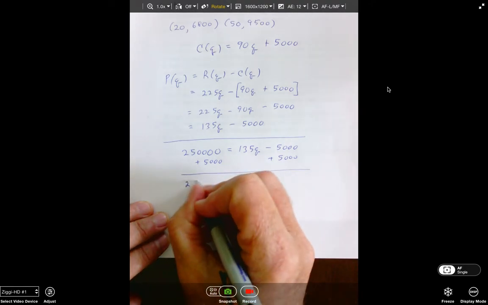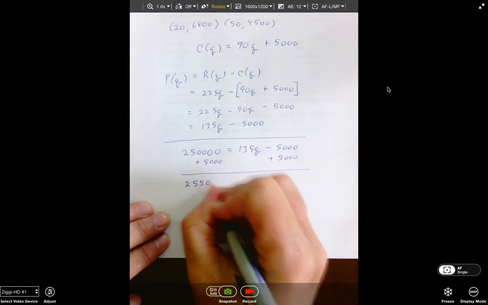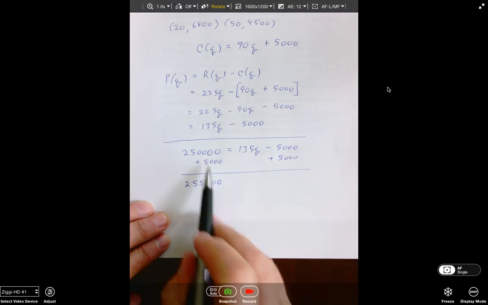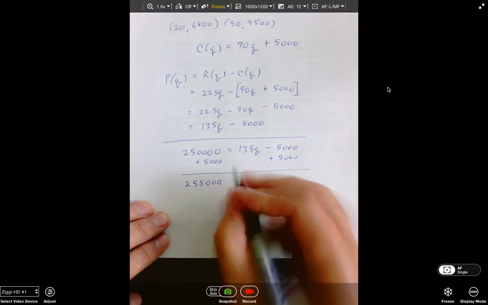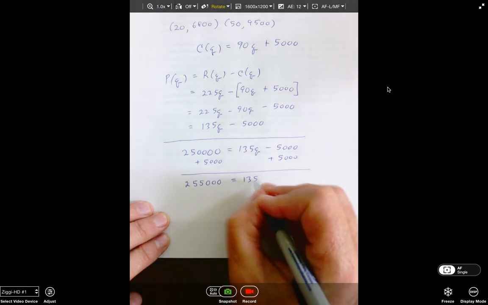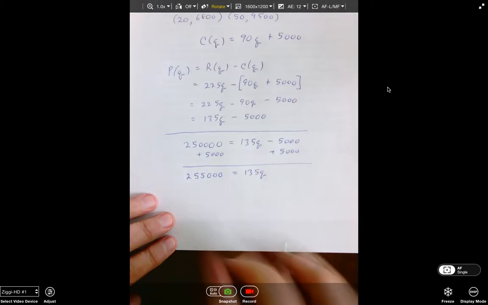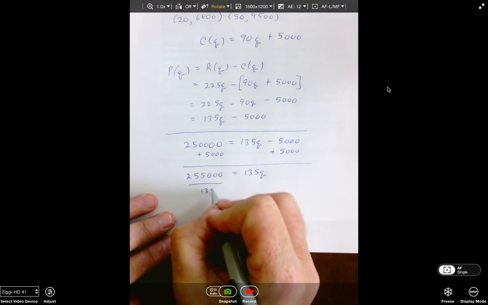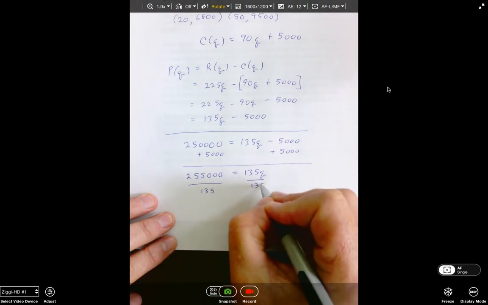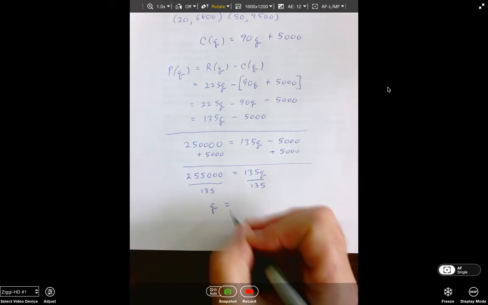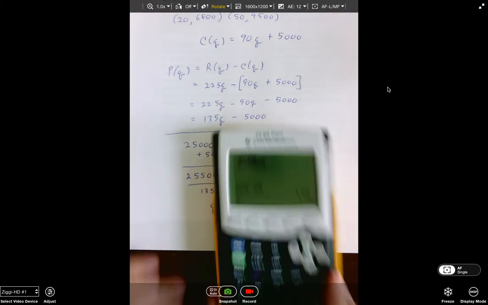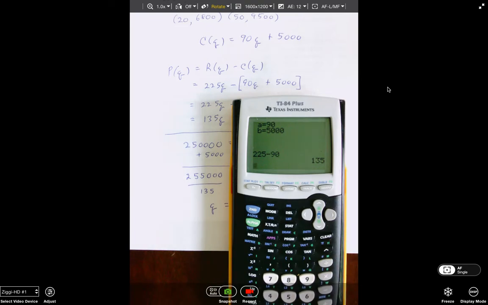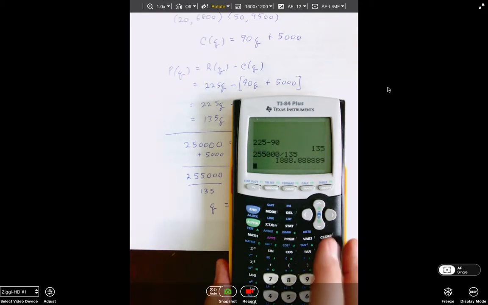So I'm going to have 255,000 equals 135Q. So I'm going to divide both sides by 135. So Q is going to be the number closest to 255,000 divided by 135. So we're going to say 1889.